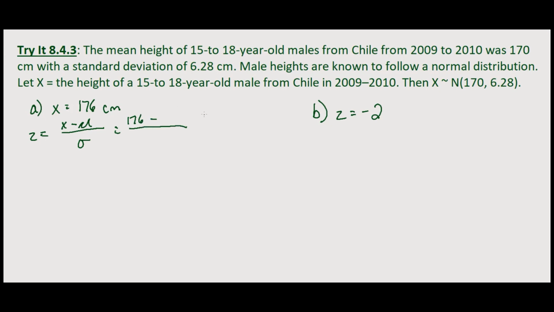Our mean is given in the first value in parentheses over here, and then this would be the standard deviation. The N means x is an element of a population with a mean of 170 and a standard deviation of 6.28. So our mean is 170.